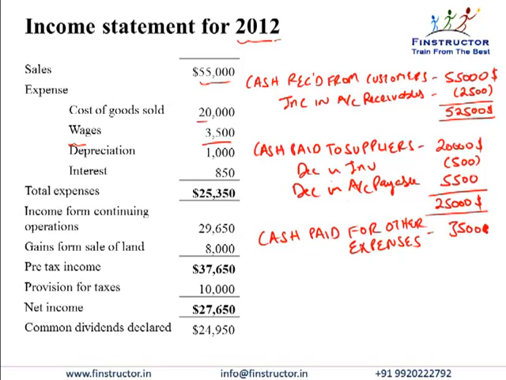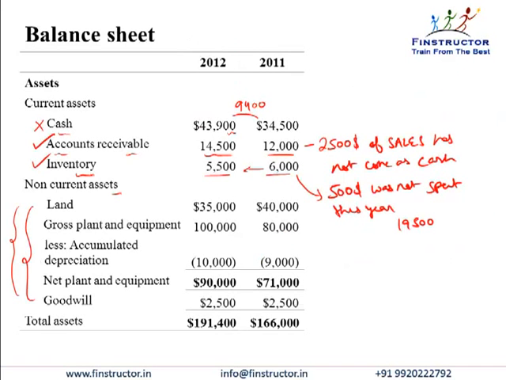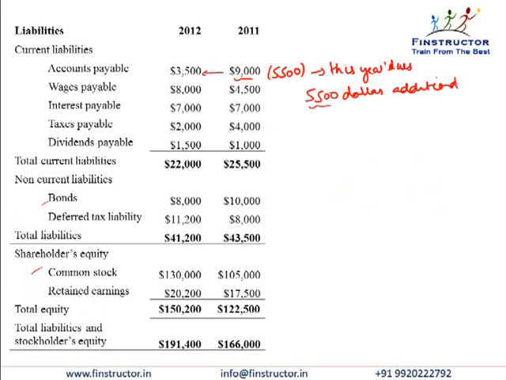Let's see if the balance sheet tells us anything new. So we've already covered all asset accounts, and the non-current assets don't matter for the cash flow from operations. On the liability side, we've already taken care of accounts payable, so let's check wages payable.